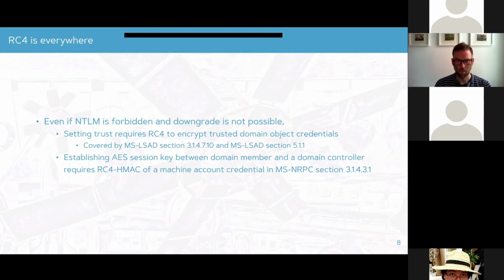But at the same time, even if that is done, the domain member and domain member communication in the same domain requires use of the RC4 HMAC to calculate the session key for AES.